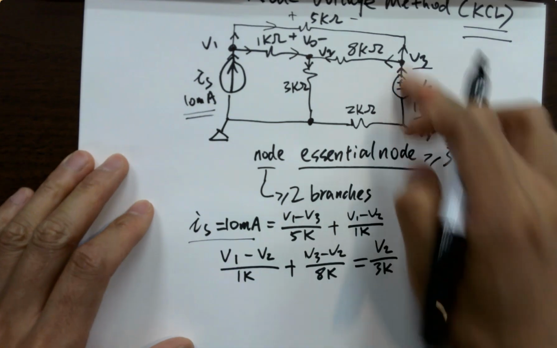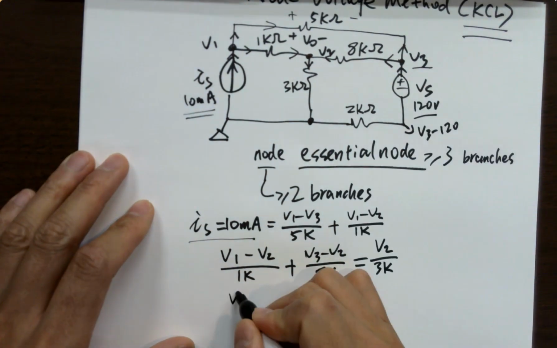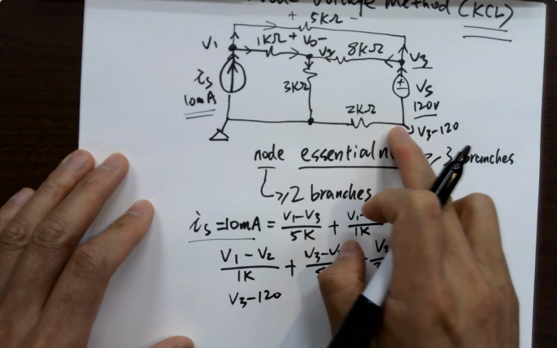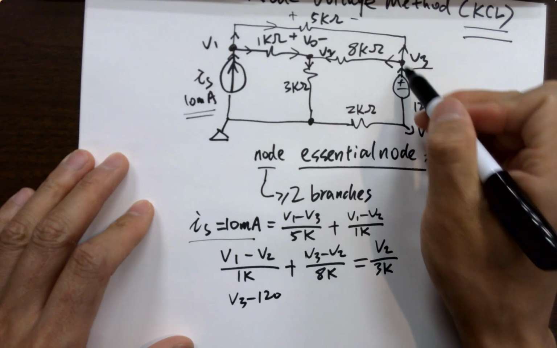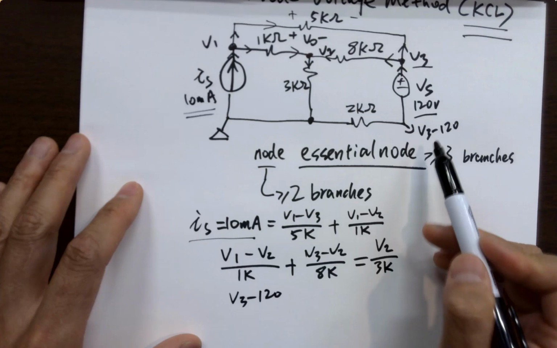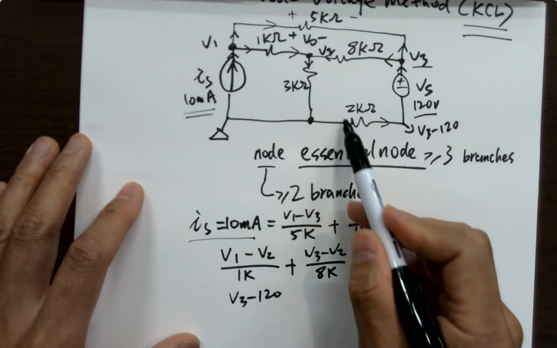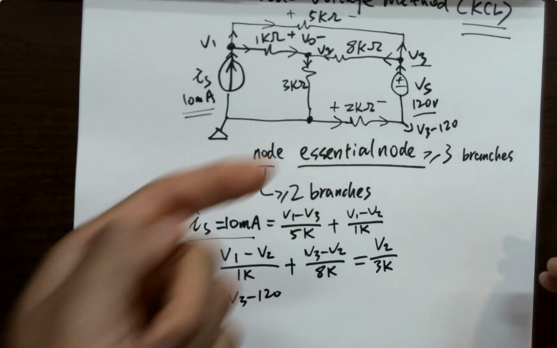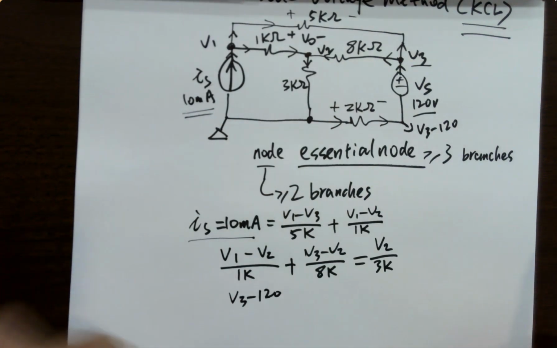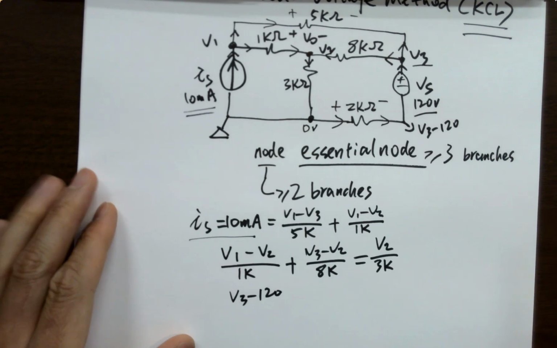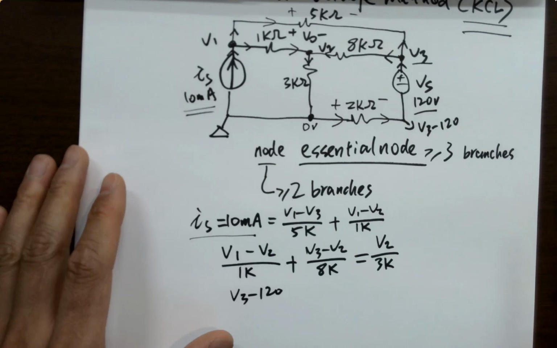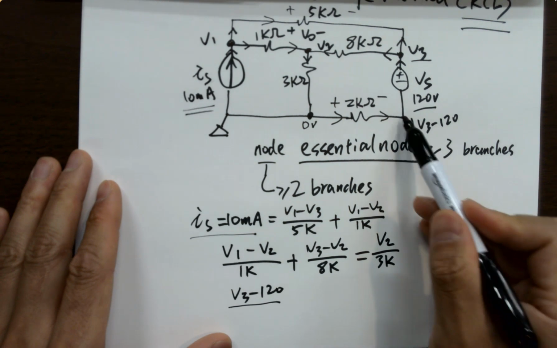So this one, we got this current first, which is V3 minus 120, which is the voltage here, right? However, the current is flowing up. We assume it's pointing up. So what should we do? Plus minus, right? Because it's flowing to the left, to the right. So which minus which? This is here.